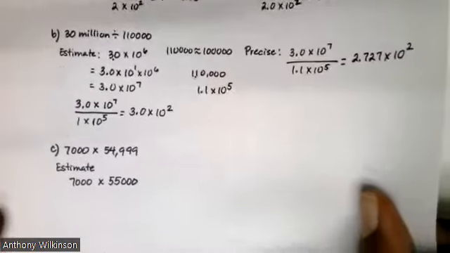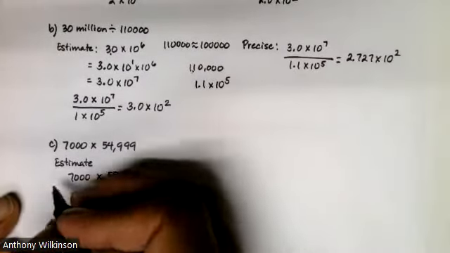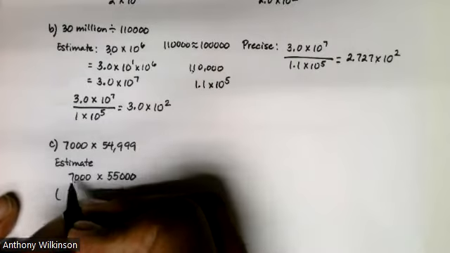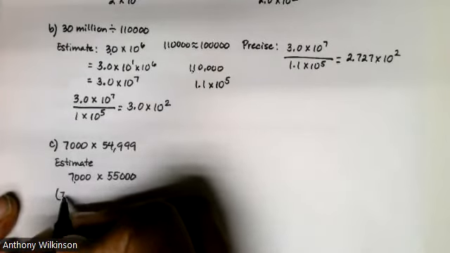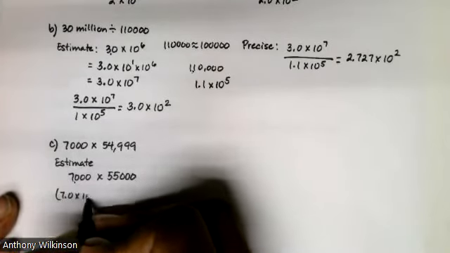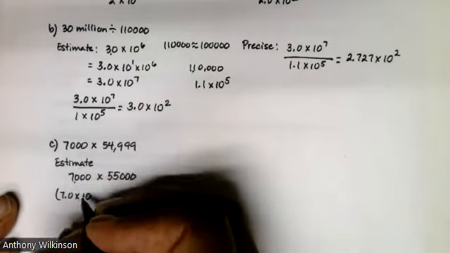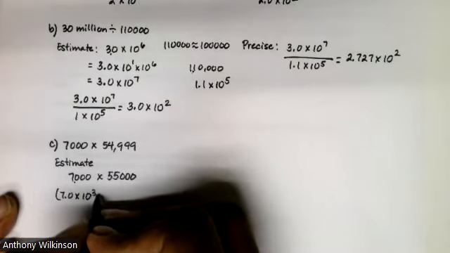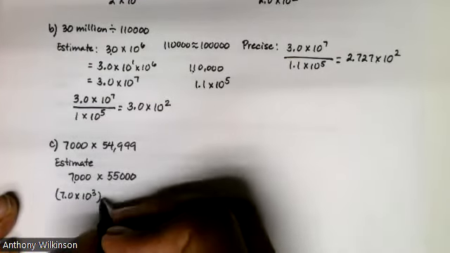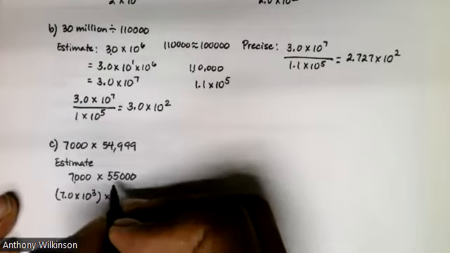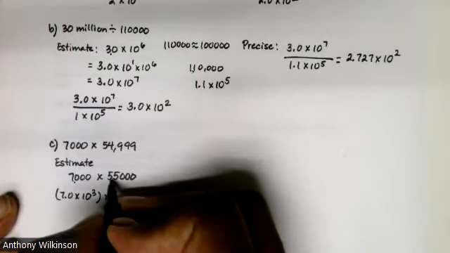Now let's write this in scientific notation. The 7,000, if I put the decimal point behind the 7, I'll have 7.0 times 10 to the, now putting the decimal point behind the 7 means I have 3 digits behind that decimal point. So it'll be 10 to the third times 55,000 in scientific notation would be this.